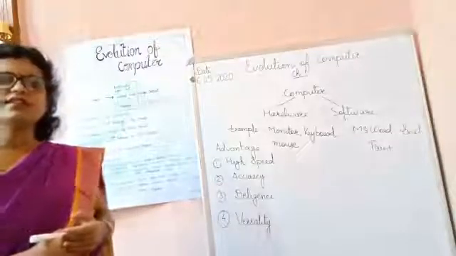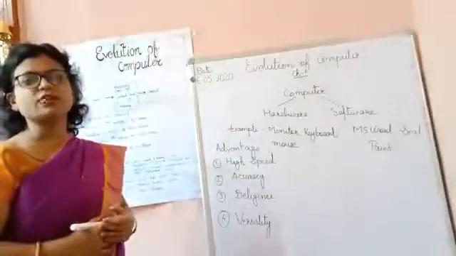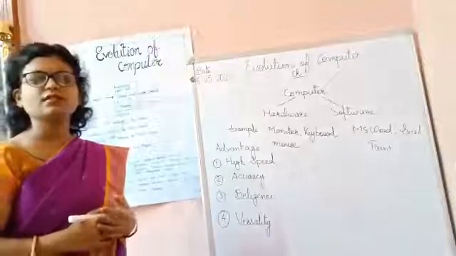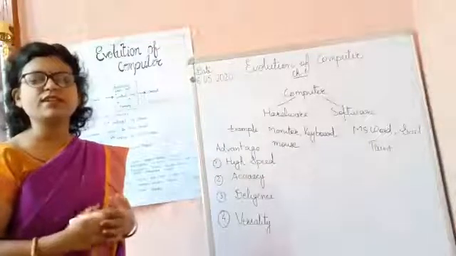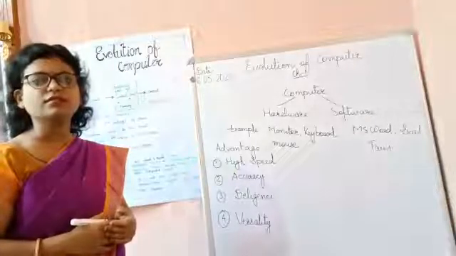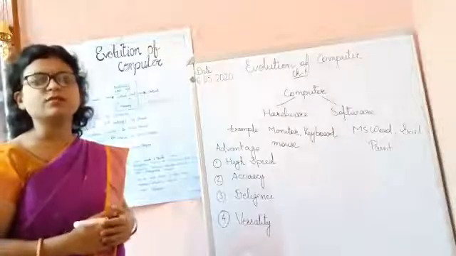That's why we can say that Charles Babbage is the father of the computer, because he gave such a great device, a great engine that can do our work in less time, and we feel easy to work.